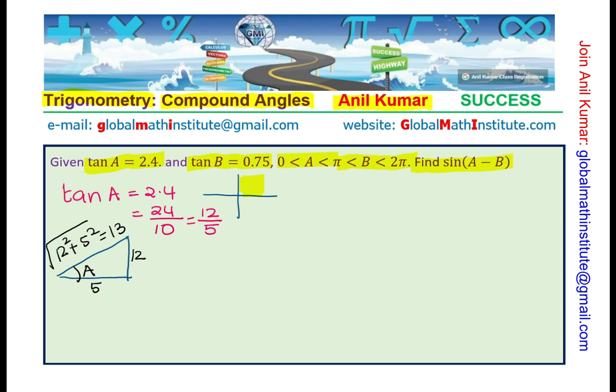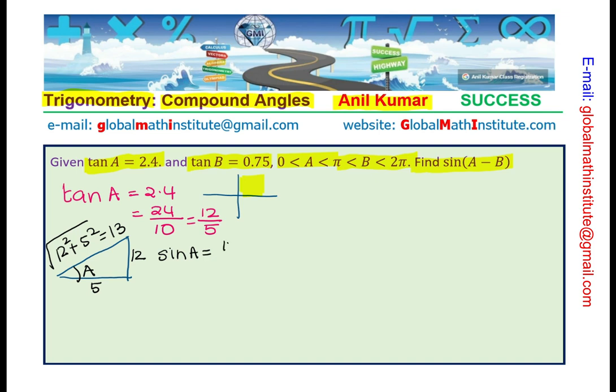So once you know that, you know sine A, which is 12 over 13, positive, and cos A, which is 5 over 13. Makes sense, right? That is how we are going to approach. Very simple approach, nothing complicated.